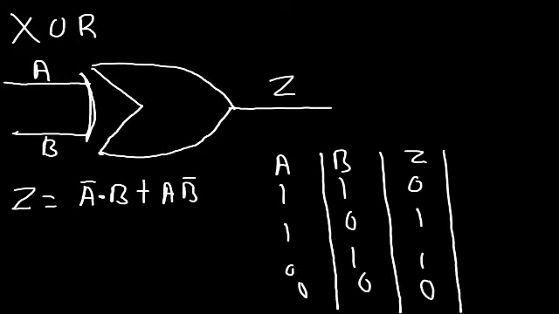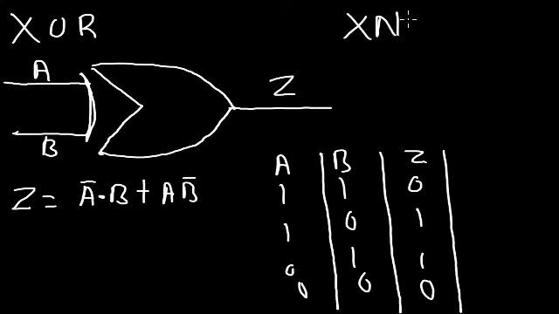So now let's talk about the last one, which is the XNOR gate. The XNOR gate is like the negation of the XOR gate. I'm not going to get rid of the circuit diagram and the truth table of the XOR gate, so that you can see the difference between the XOR gate and the XNOR gate.